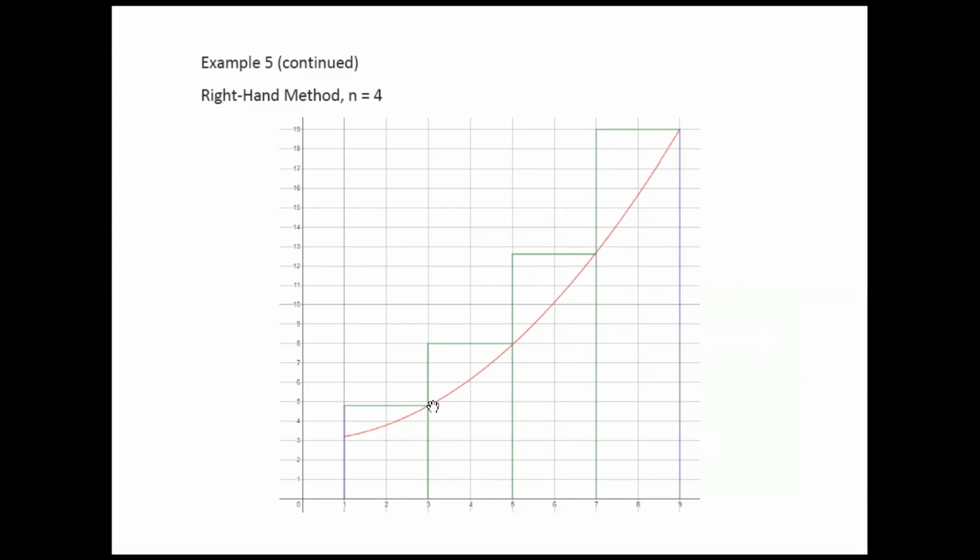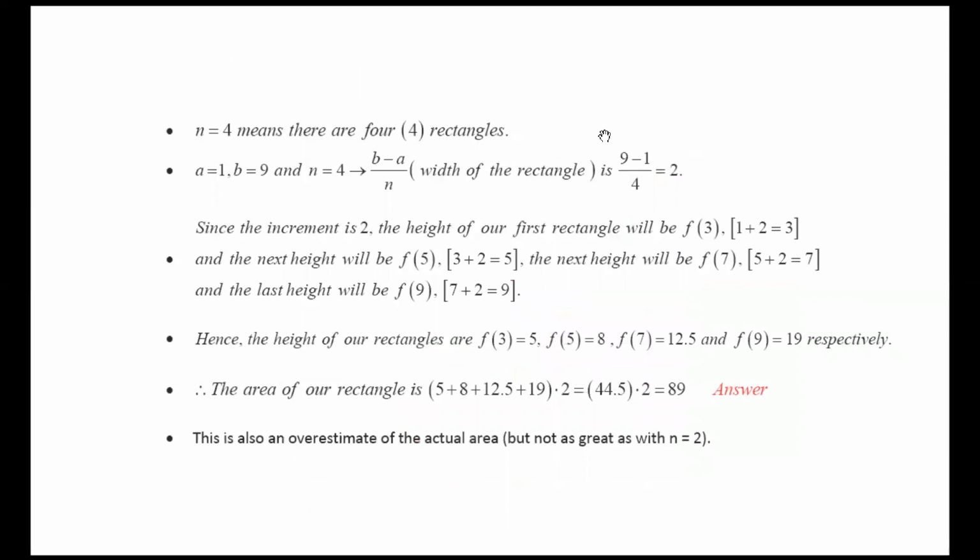So there's my first rectangle, and its height is 5. Now, 2 plus 3 is 5. What's its height? 8. So that's 8 by 2. And then 2 over is 7, f of 7, and that's going to give me this, which is close to 13. I think we'll just go with that. Then we'll go 2 more over and get 2 by 19. And there we have those 4 rectangles.